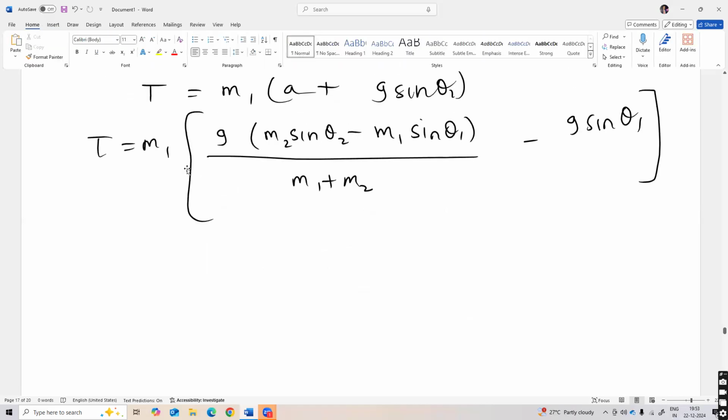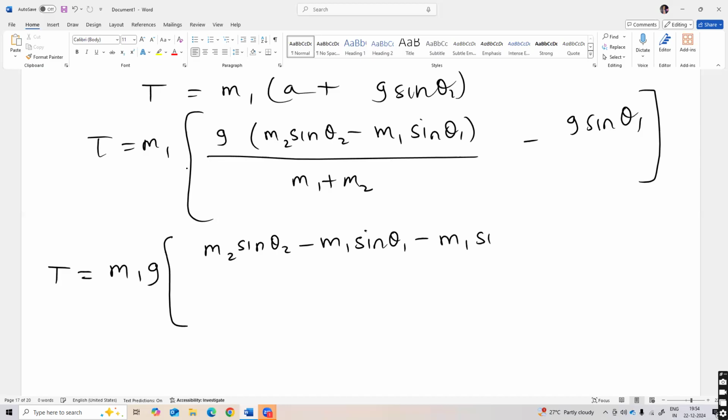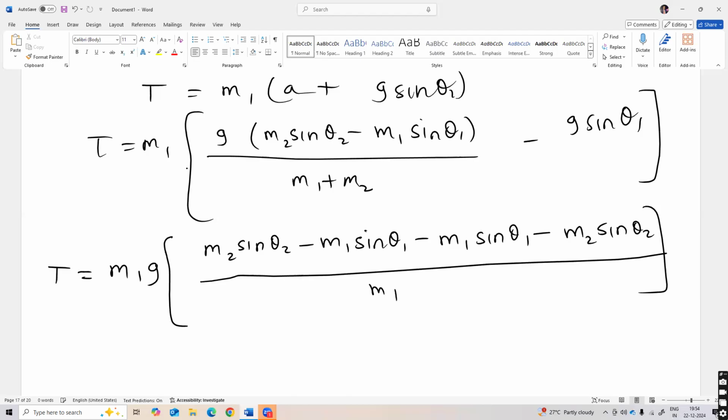Okay, so what we got: T is equal to m1 is outside, and let's take g also outside. So what we got here is g(m2 sin theta 2 minus m1 sin theta 1) divided by m1 plus m2.